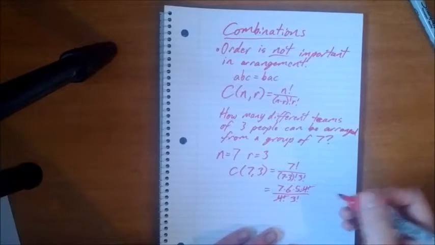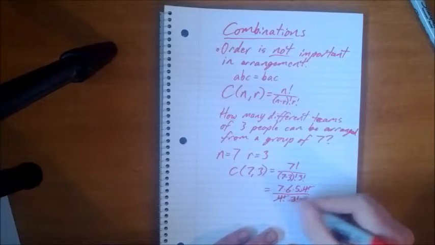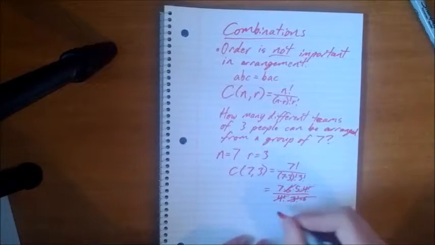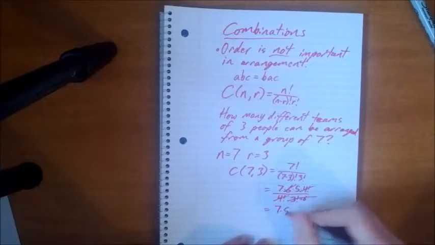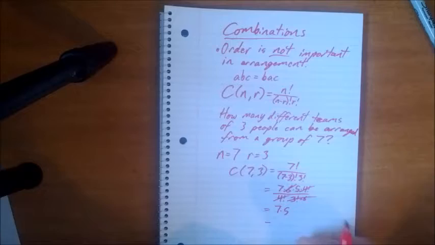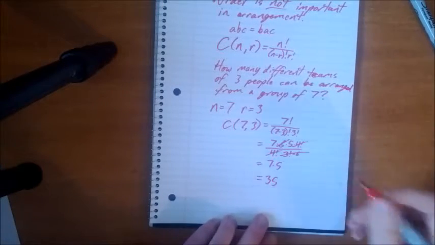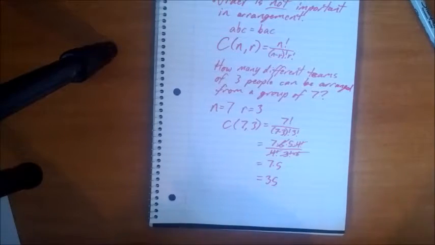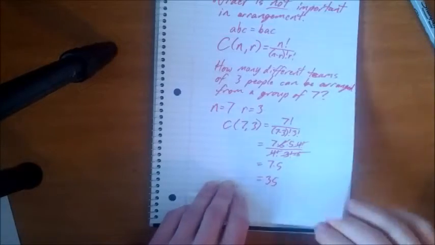And what's 3 factorial? It's 3 times 2 times 1, which is 6. So 3 factorial equals 6. You can get rid of that, and now you're left with just 7 times 5, which is 35. So you can have 35 different teams with the same group of 7 people, if you have 3 people in each team.